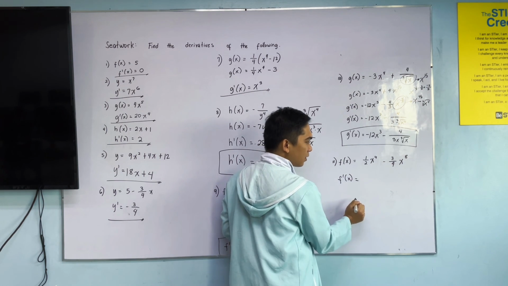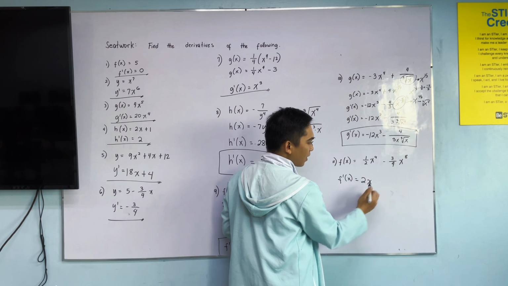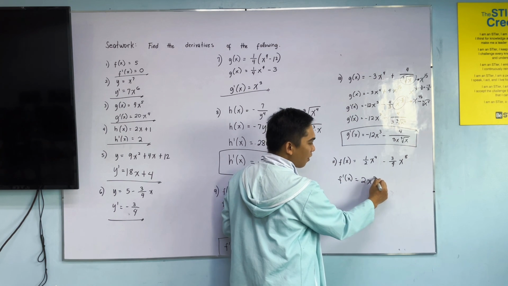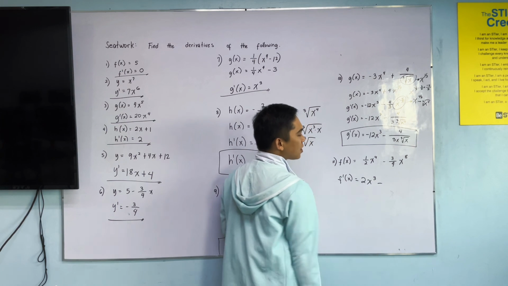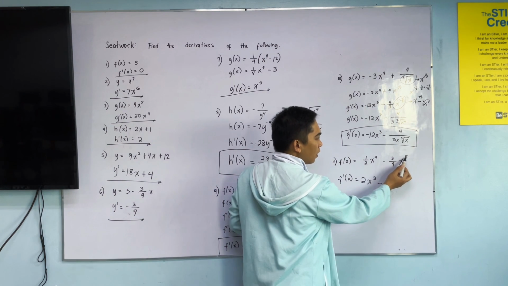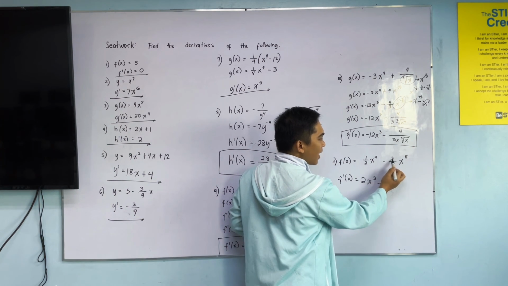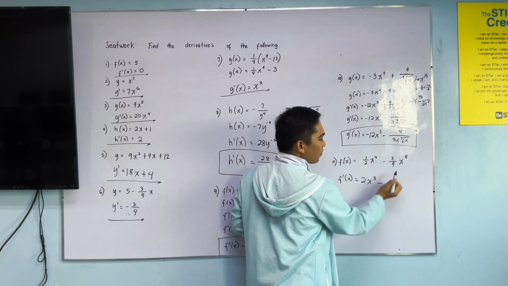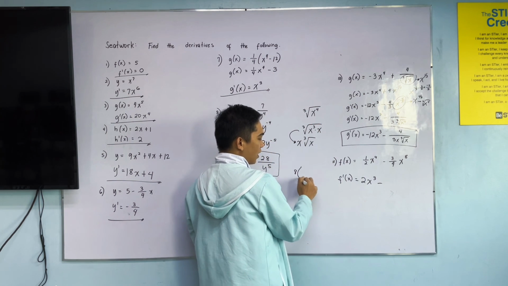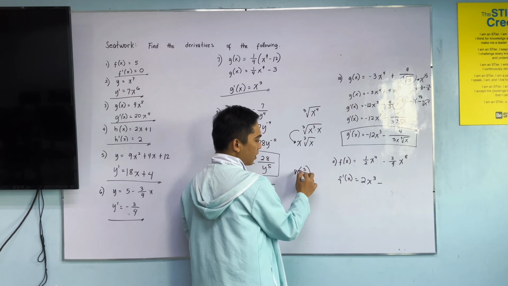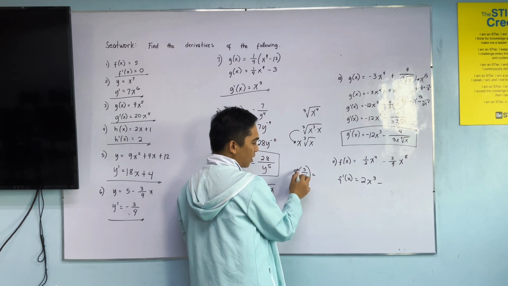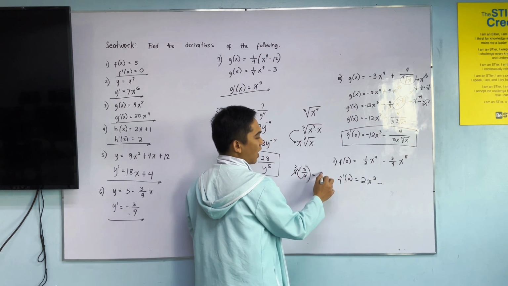1/2 times 4, that is 2x. 4 minus 1, we have 3. Minus 8 times negative 3 over 4. So, 8 times negative 3 over 4. This will become, cancel na natin to, magiging 2. 2 times 3, 6 na lang.